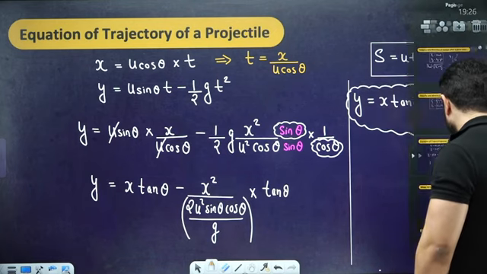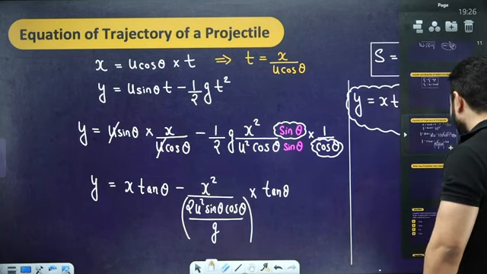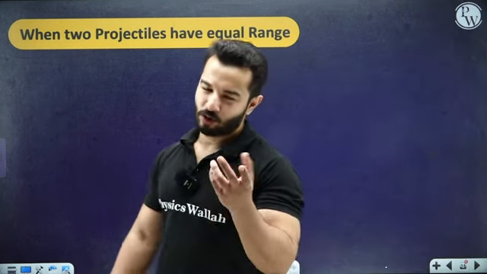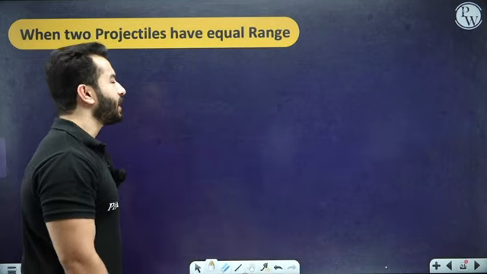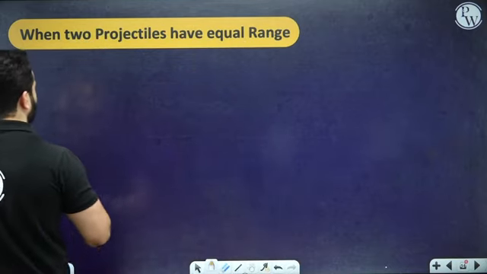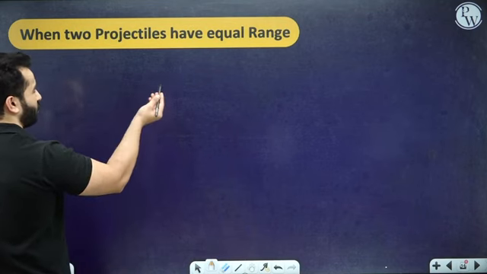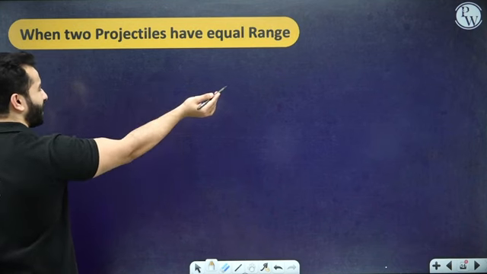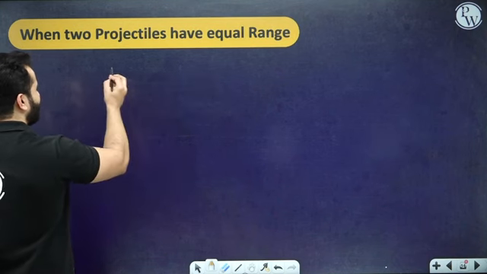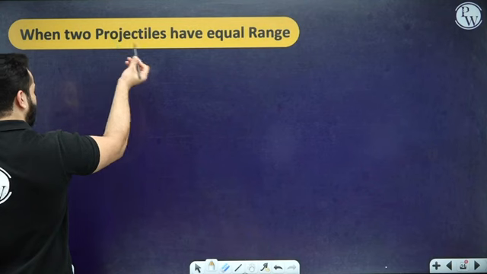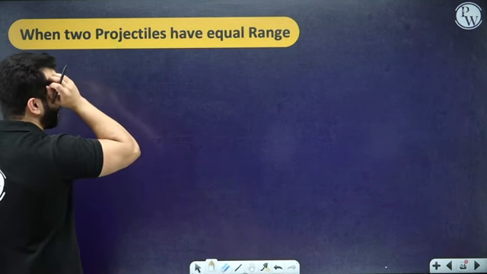Now let's move to the next topic, and it is when two projectiles have equal ranges. You can include this thing in your notes as well. When we say that projectiles have equal ranges, it just basically means that, let's suppose we have two projectiles and these are thrown at the same speed.